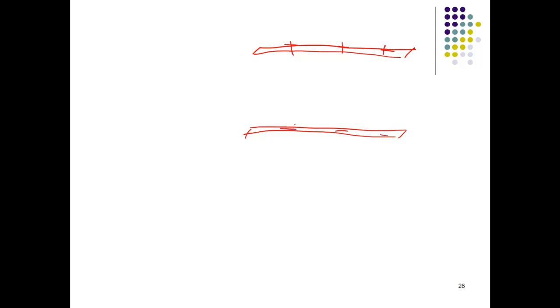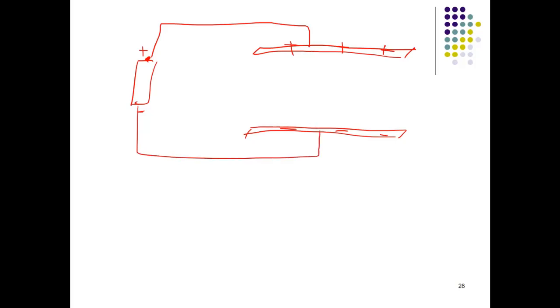Now the question you might ask is, how do you do that? Well, simply, let's say you buy a battery in the market, one side is positive, one side is negative, and you wire it. You put a wire here, put a wire here. You just made one of them positive and one of them negative.